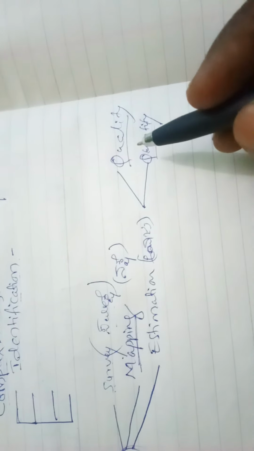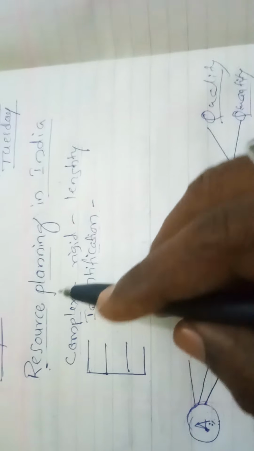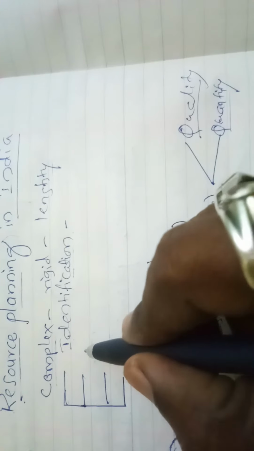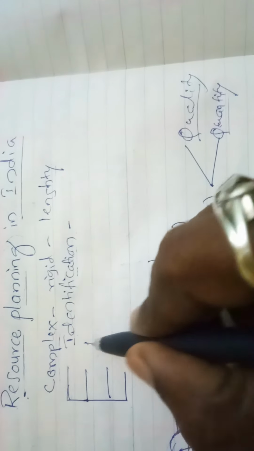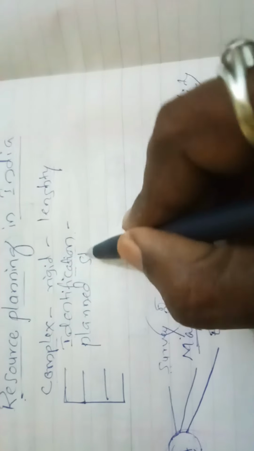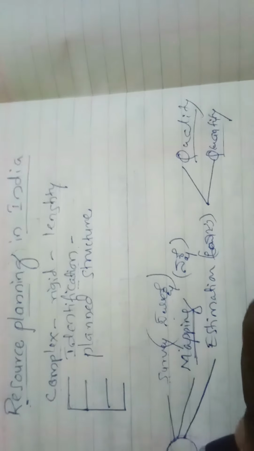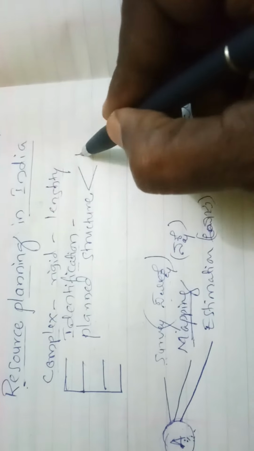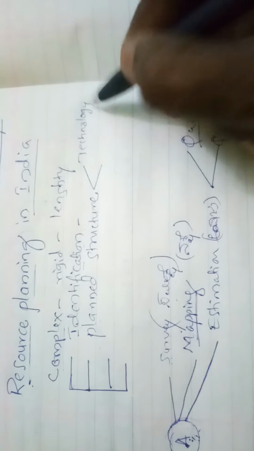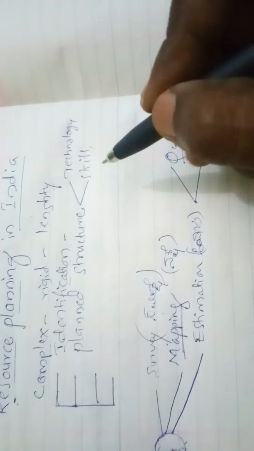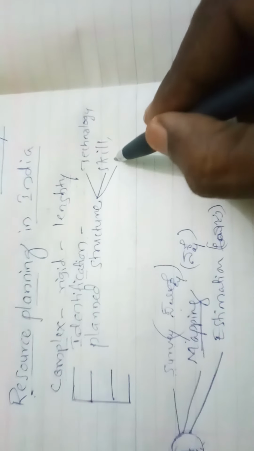Then the second stage of resource planning involves adopting or implementing planned structures to extract the available resources from a place, with due adaptation of technology, skills, and other means and measures which are required, like institutional establishments.